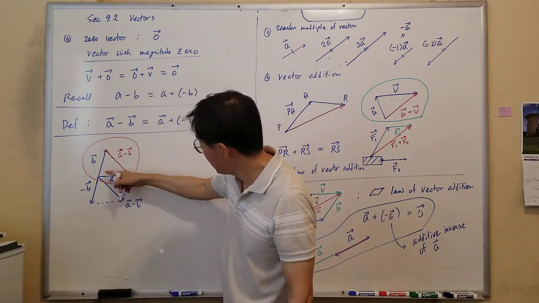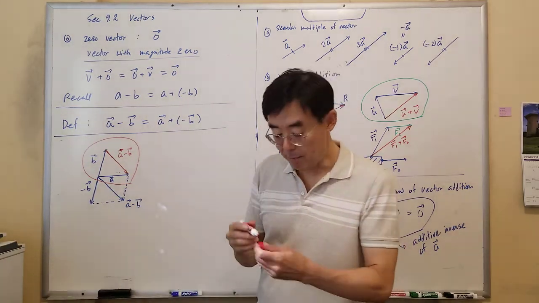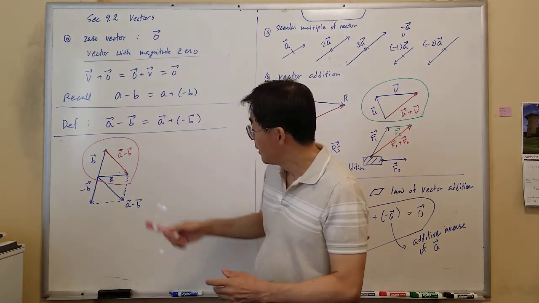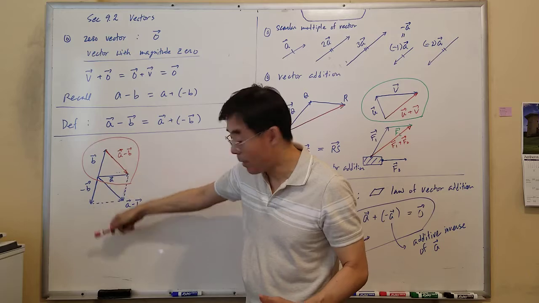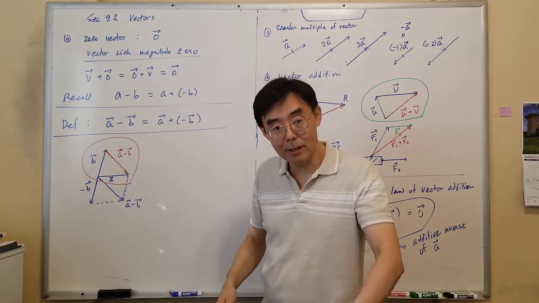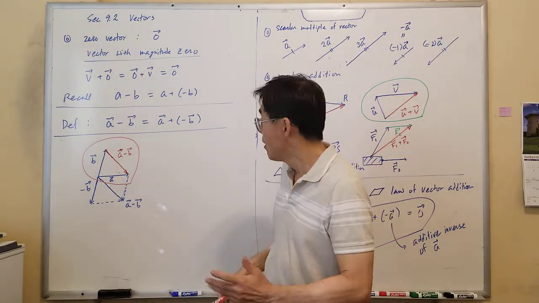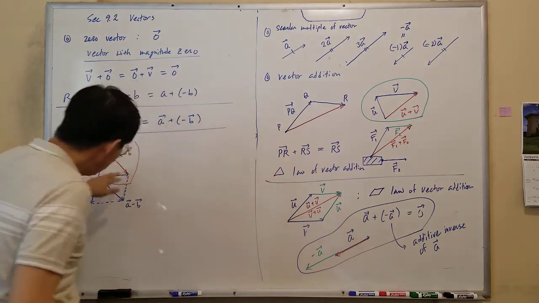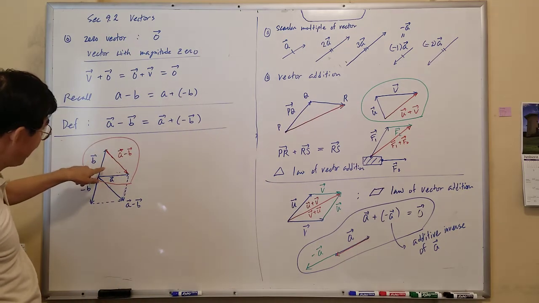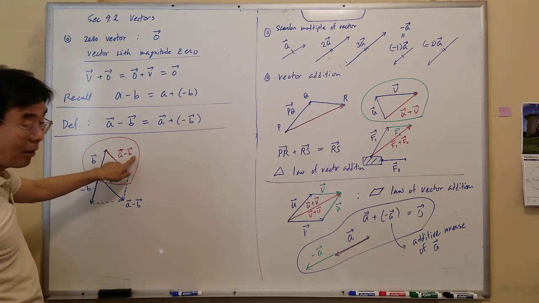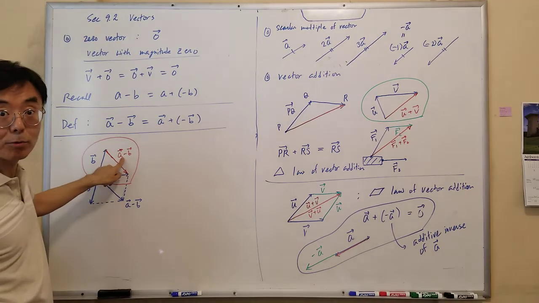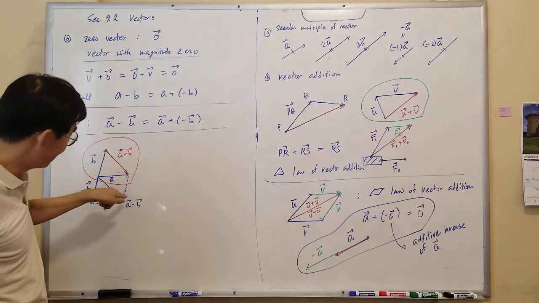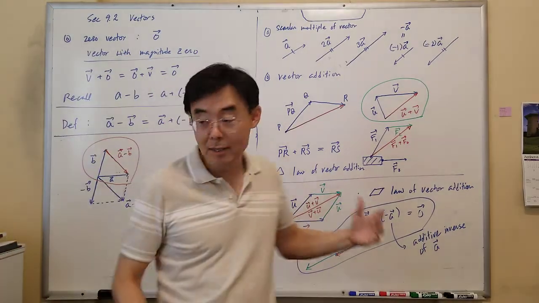When you have vectors A and B drawn from the same initial point, in order to get A minus B, originally you have to draw the minus B vector and then add vector A and vector minus B. But you can get it right away by connecting the tip of the subtracting vector toward the tip of the subtracted vector, right? So this is what you get.